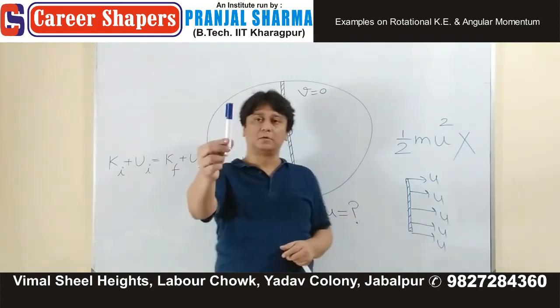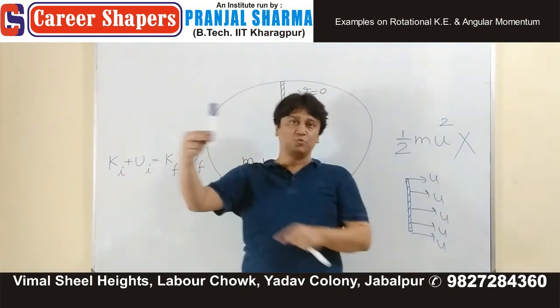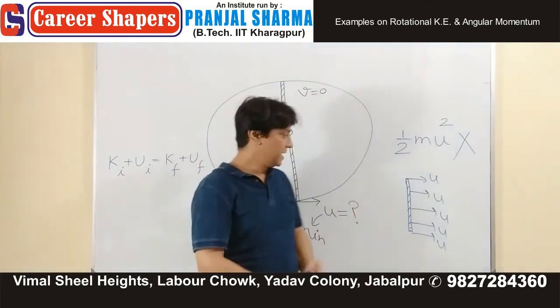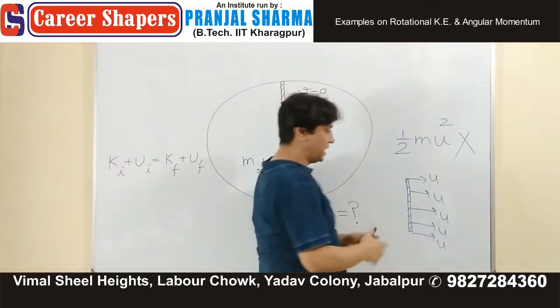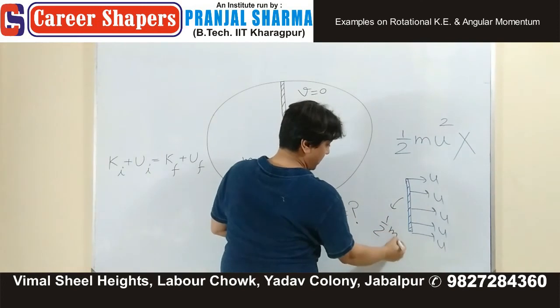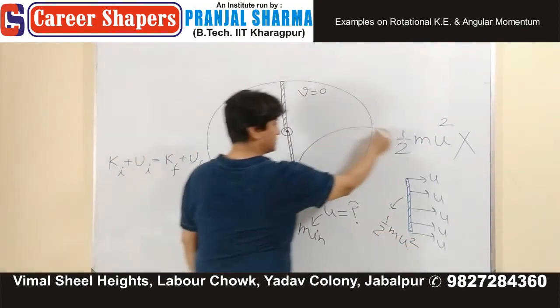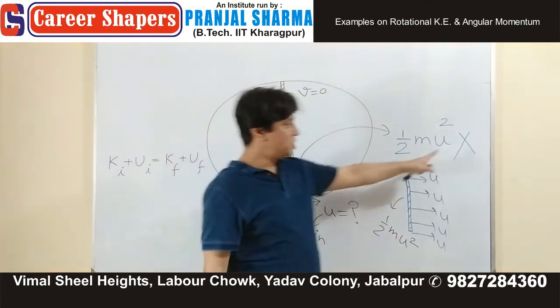This is the rod. It is moving with u. Every part is moving with u. What is the kinetic energy? In this case, kinetic energy is half mu square. But in this case, half mu square is not correct.